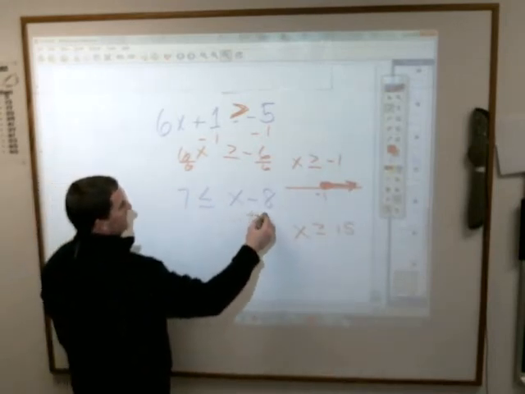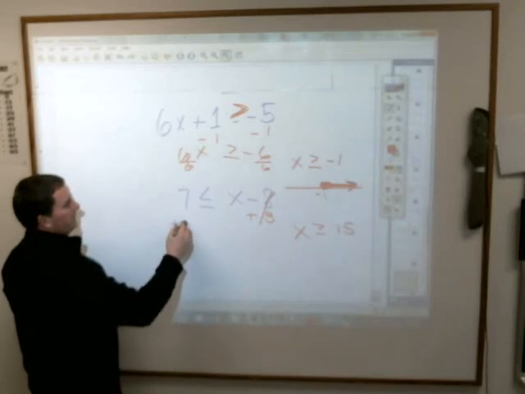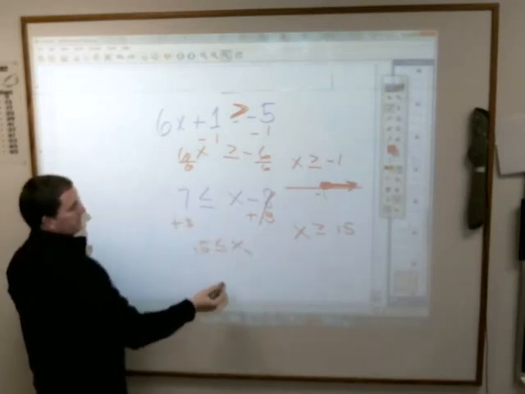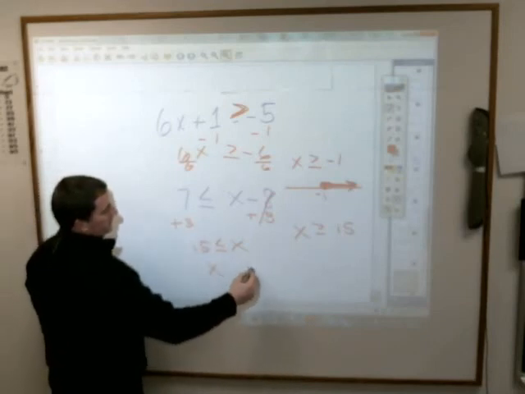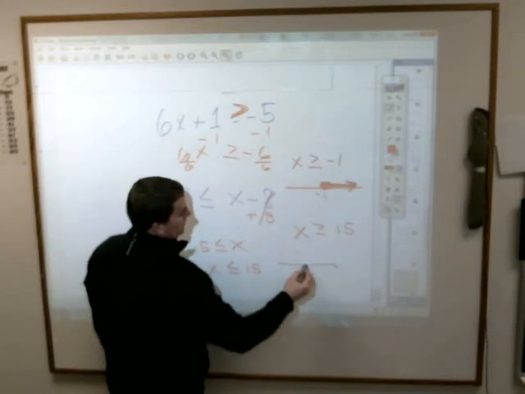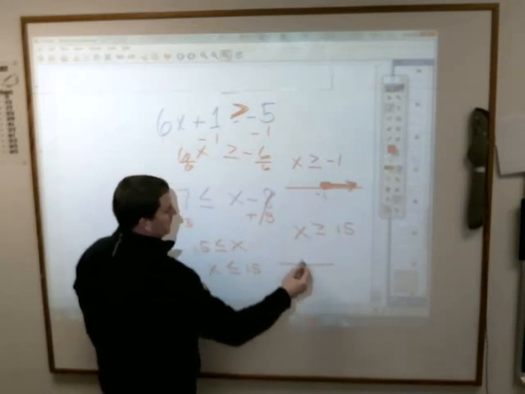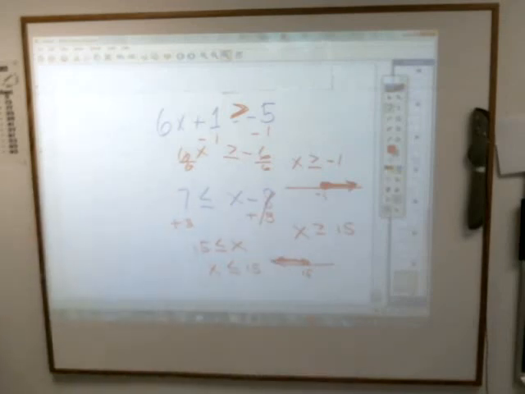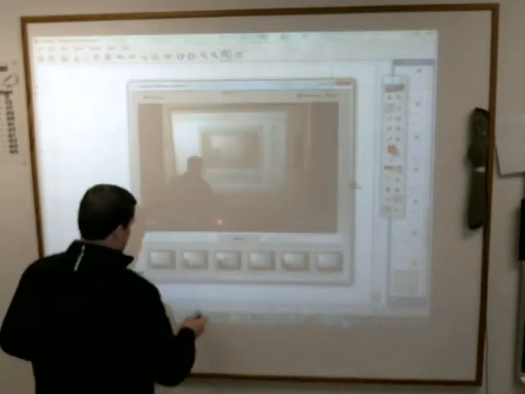You add 8, you get 15 over here. You're not allowed to leave your x on that side. They can flip places, but you have to flip the sign as well. So that would be true. And then your line would be at 15, a closed circle going off in this direction, because x is less than or equal to 15. I'm with you there. Alright, enough of that. Your assignment.